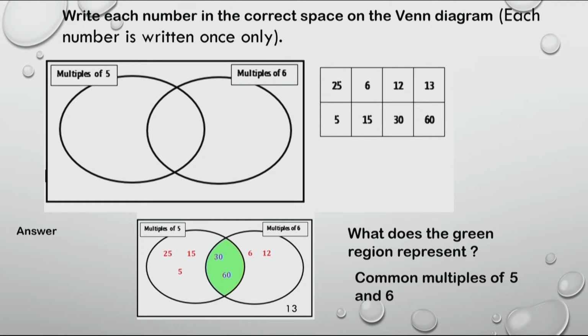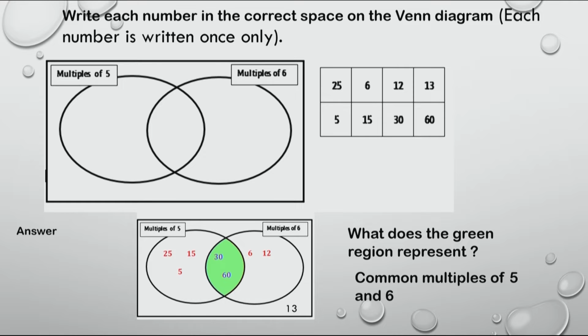The green region represents the common multiples of 5 and 6. So 30 and 60 are 2 multiples common to 5 and 6. Well done if you've got that.